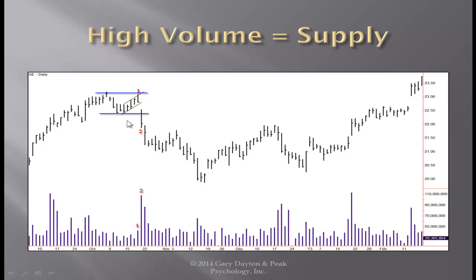High volume, when we're breaking support to the downside, is very bearish. If we're breaking resistance to the upside, it's very bullish. So this is a key consideration. People talk about, oh, it's a high volume down bar, we should be buying.